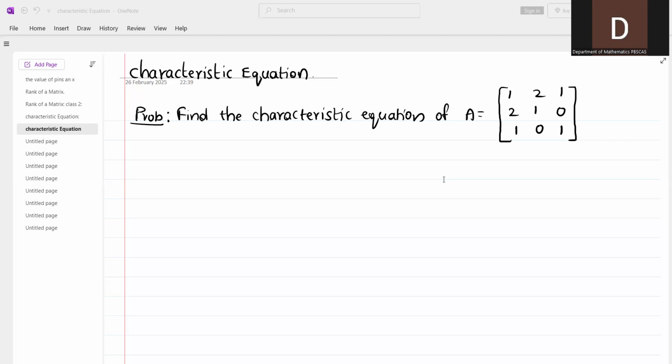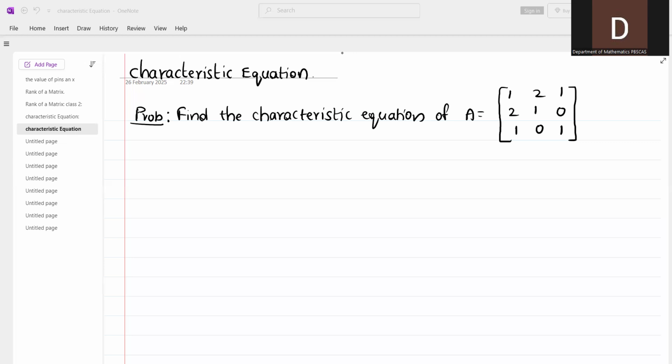Before we learn this problem, we want to know the definition of the characteristic equation. The characteristic equation of a square matrix is a polynomial equation obtained from the determinant of this matrix subtracted by a scalar multiple of the identity matrix.